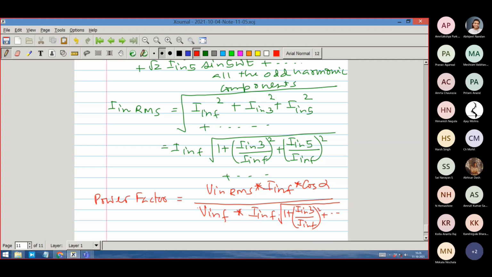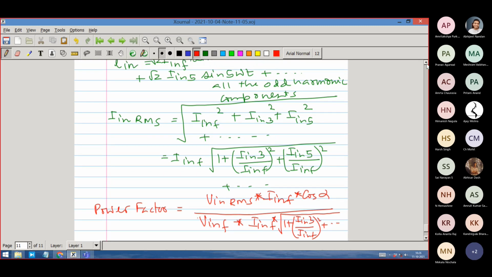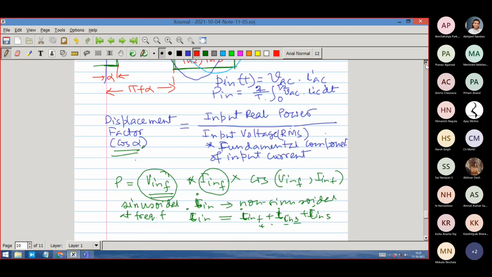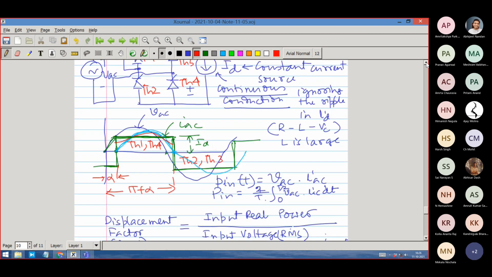Is there any question? Yes, somebody? Student: The RMS value of the input current, we can directly calculate it from the graph only, right? The graph is pretty simple, it's a square wave. Yes, in this case you can calculate directly. But when the current is not that simple, you may have to do Fourier analysis and find out.